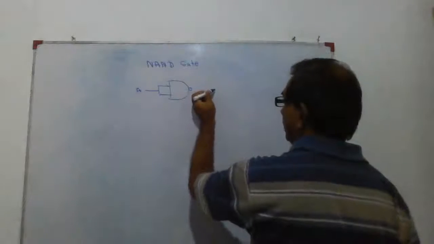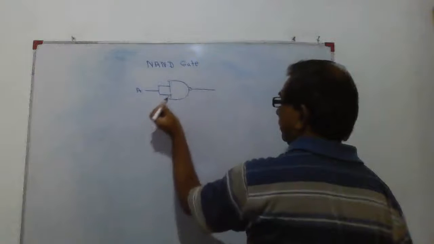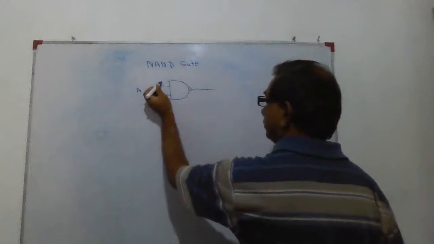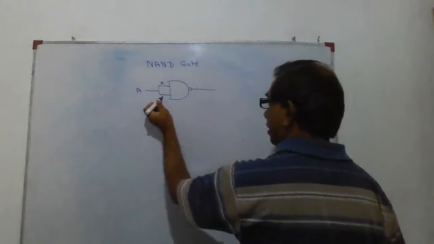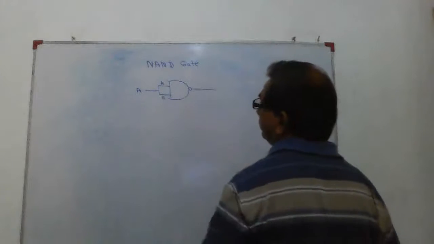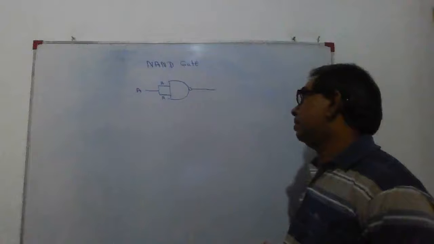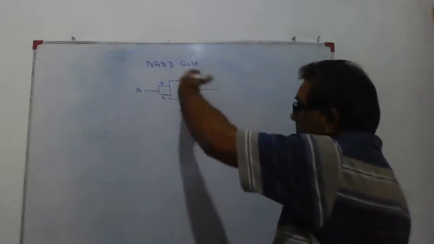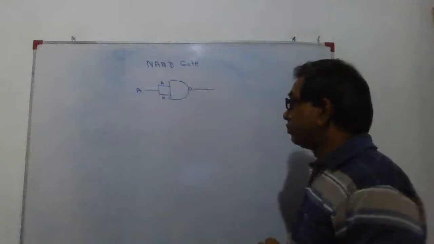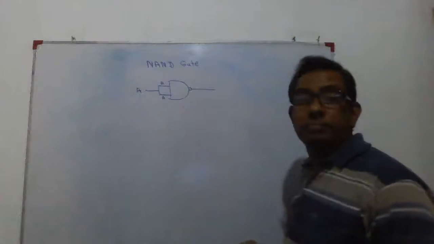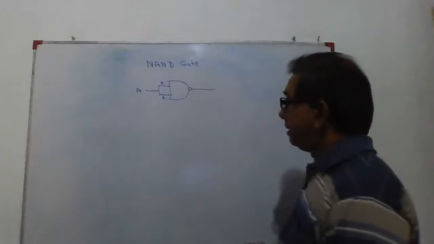Then what may happen? A here and A here. A can be inserted from both sides, there should be two inputs to a NAND gate.